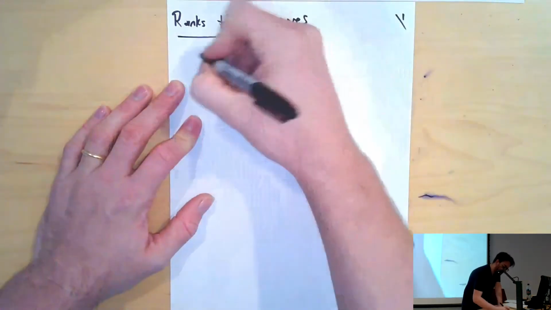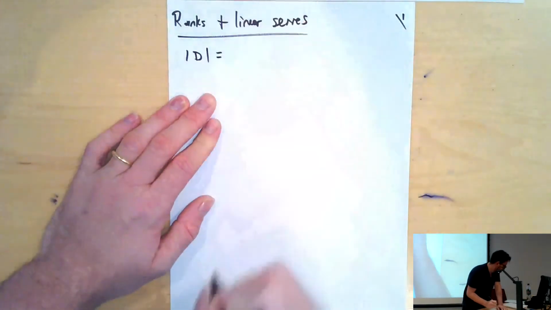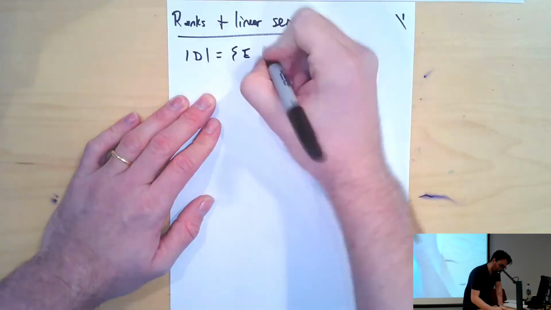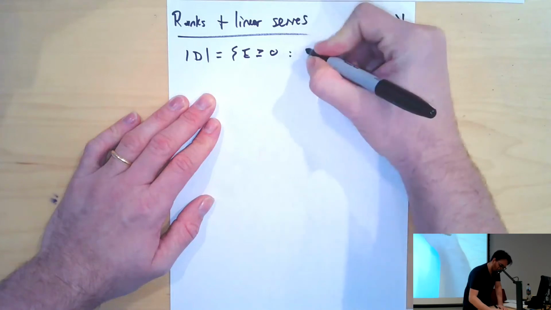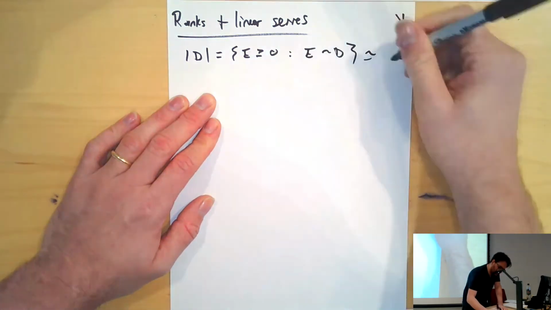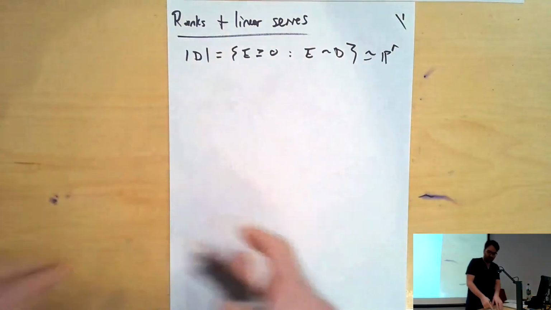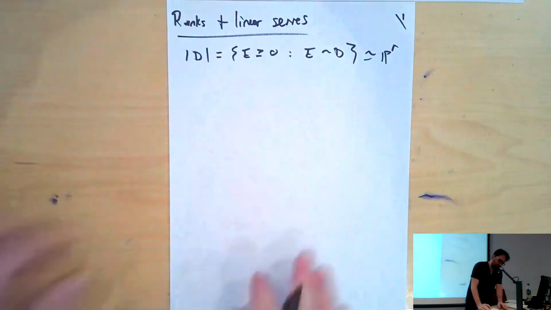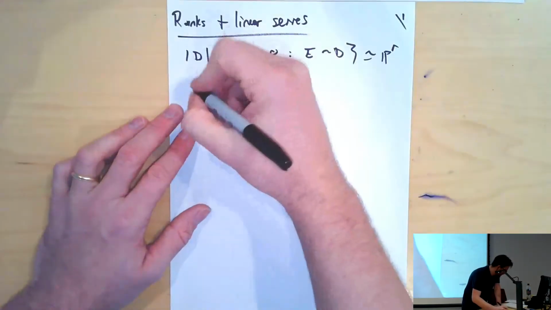So just recall that for a divisor D on a smooth proper curve, the linear system is simply the set of effective divisors which are linearly equivalent to D, and that this is isomorphic to some projective space. Well, the projective space is Proj of just H^0 of D. And less familiar, maybe, is the notion of rank.